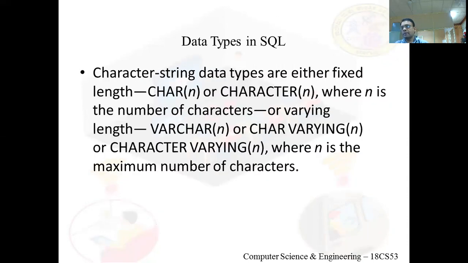Another data type is the char data type. We use char n or varchar n. Char n is used for fixed length characters, and for varying length characters we use varchar n, and also we have varchar2 of n in SQL2, where n is the maximum number of characters.